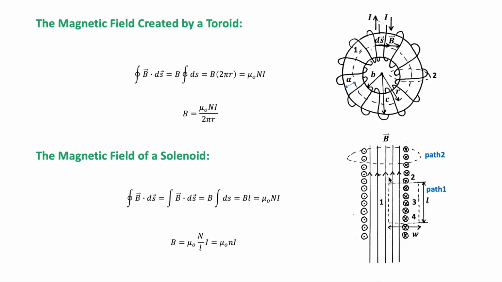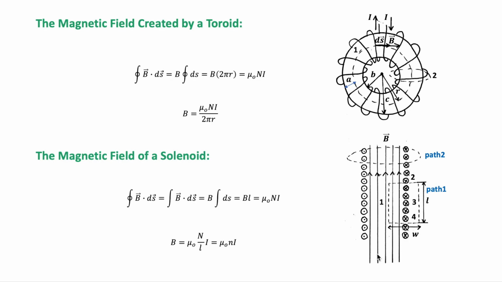An ideal solenoid is one in which the turns are closely spaced and its length is really large compared to its radius. Also, for an ideal solenoid, the field outside is approximately zero and the field inside is uniform.